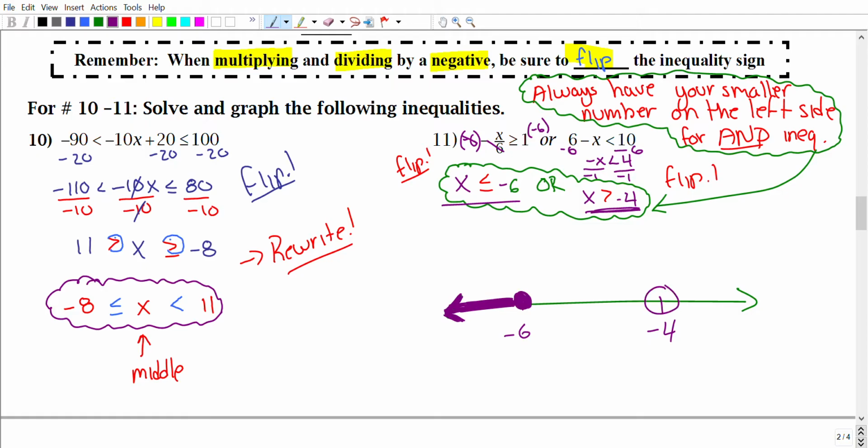Well, we have an open circle, and it's saying x is greater than, so what are all the values that are greater than negative 4? It would be all the values to the right. Okay, notice again there's a gap between the two shading regions that confirms that we did graph an or compound inequality. So we are done.